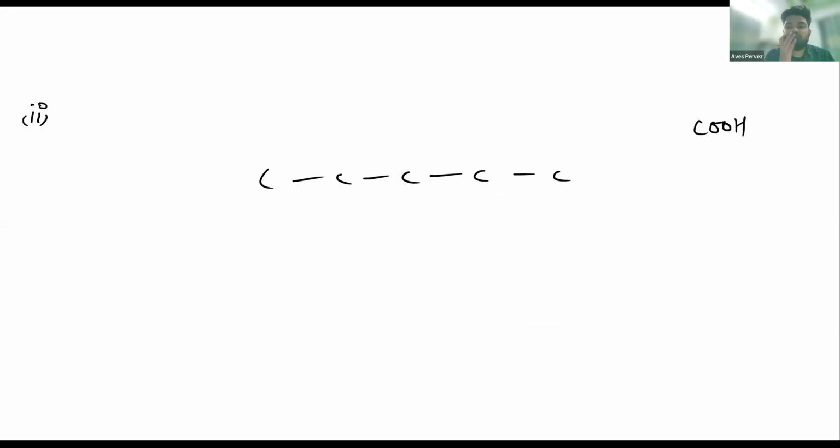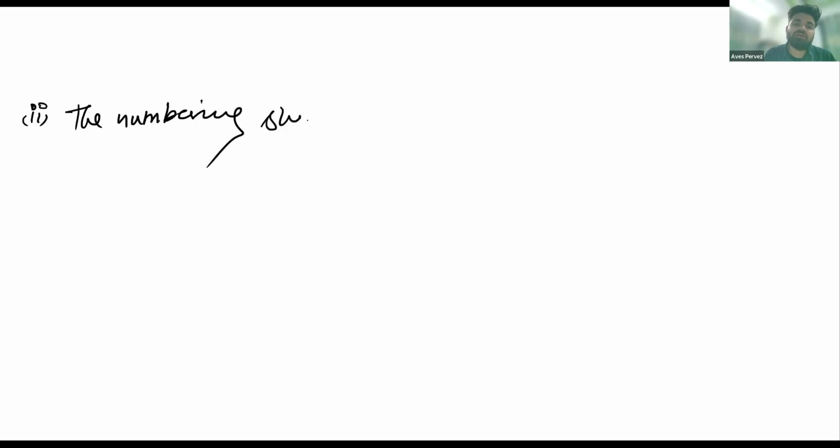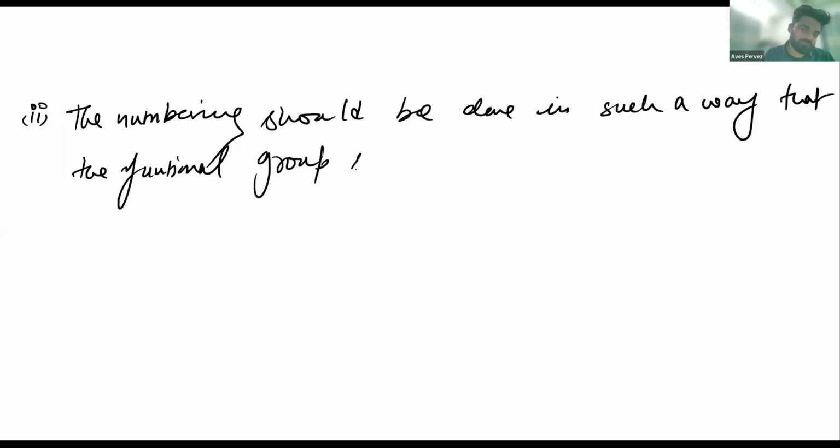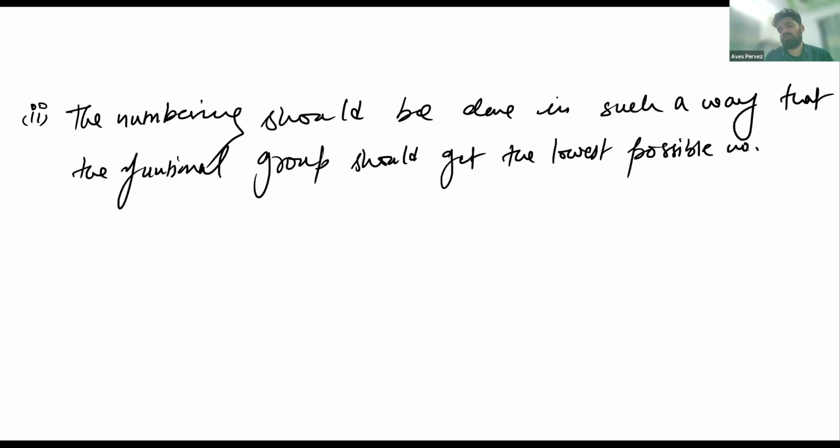So what is the rule for the numbering? The numbering should be done in such a way that the functional group should get the lowest possible number.